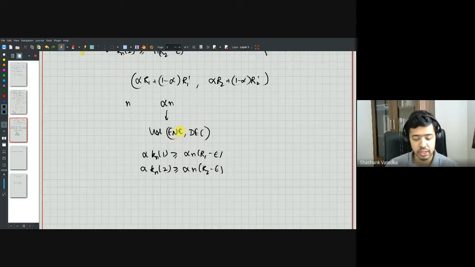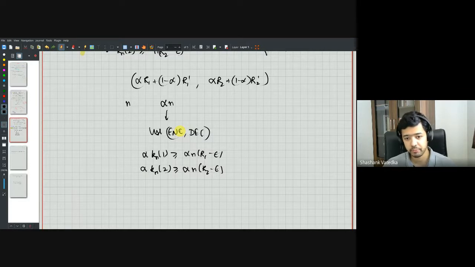Note that this is a generalization of TDMA. In TDMA, only transmitter 1 was sending in the first alpha n channel uses, and only transmitter 2 was sending in the remaining (1 minus alpha) n channel uses. But now I'm saying something different.